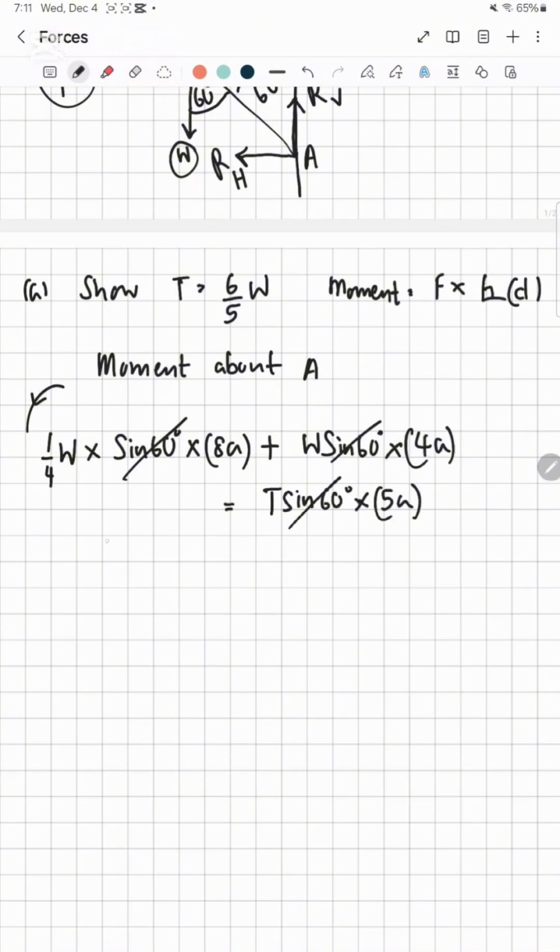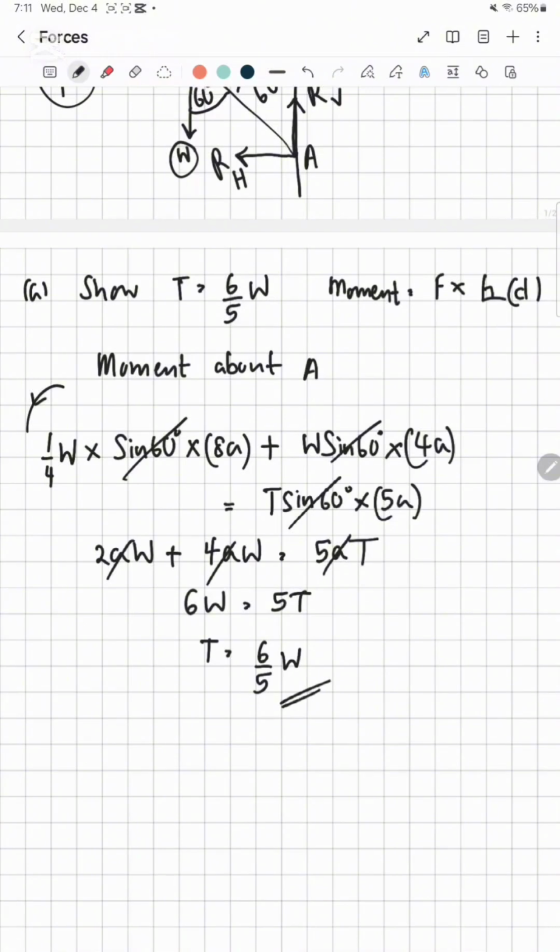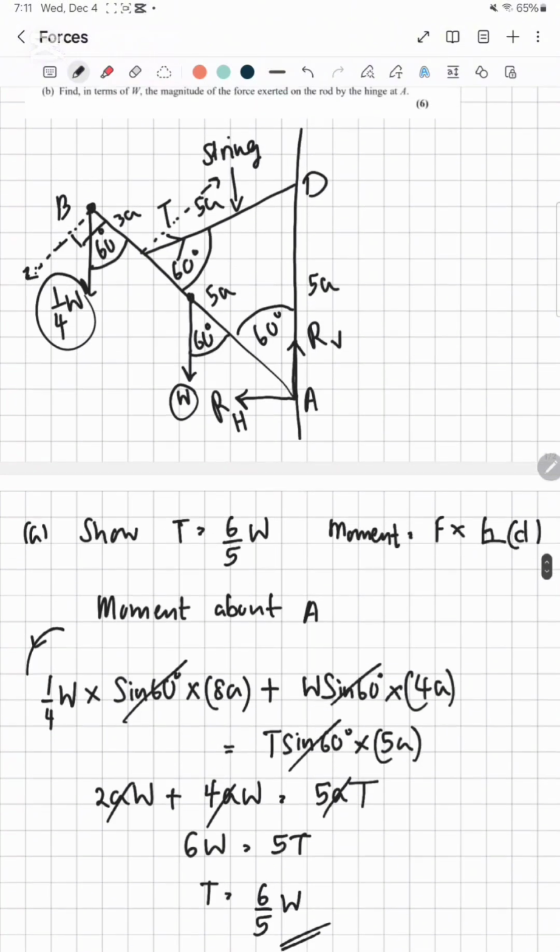Now you end up with 2AW plus 4AW equals 5AT. You can cancel off A. So you get 6W equals 5T. Then T equals 6 over 5 W. So we got the first part. That's what they ask us to show.